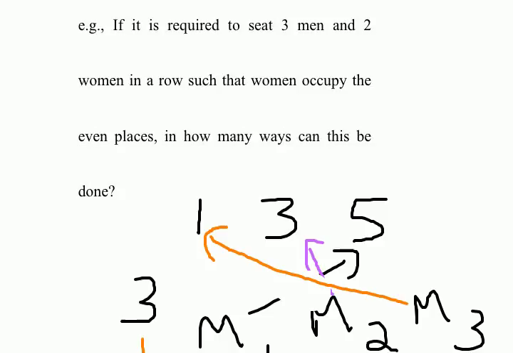So you're looking at multiplying 3 by 2 by 1, which basically is equal to 3 factorial. So 3 men can occupy 3 seats in factorial 3 ways.